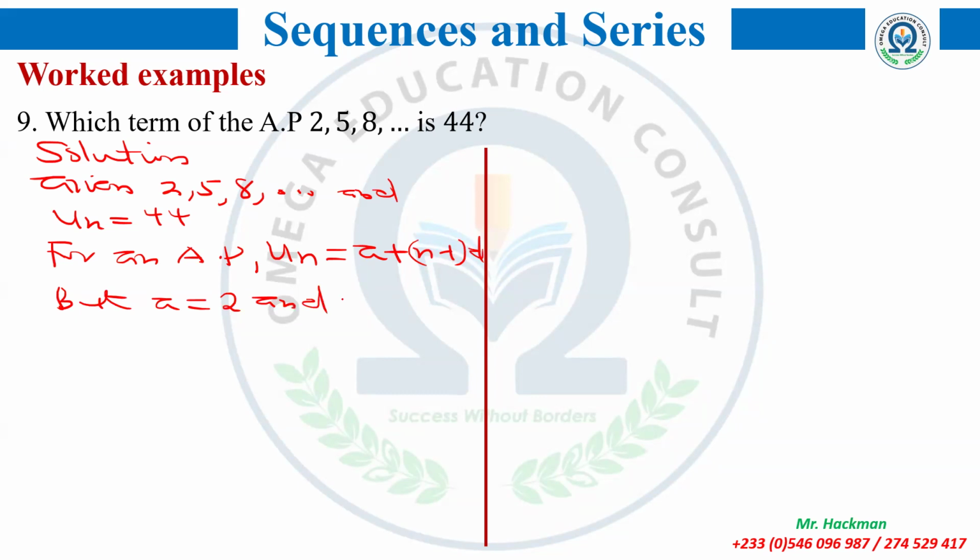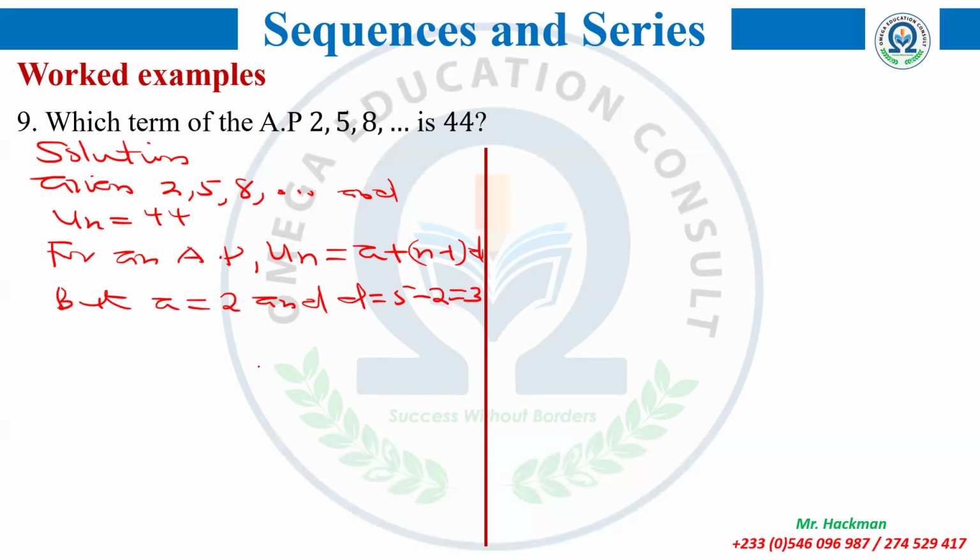And my D will be equal to 5 minus 2. Once you are told it's an AP, just do the first two. It is none of your business to check the other ones too, unless there is something wrong with the question and you are not getting a common difference. Usually it won't give you that situation anyway. So that gives us 3.